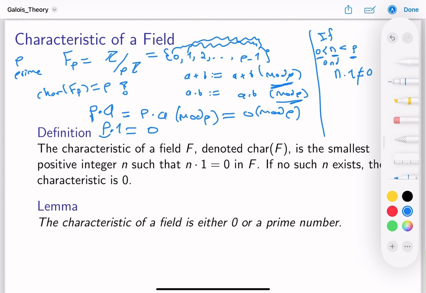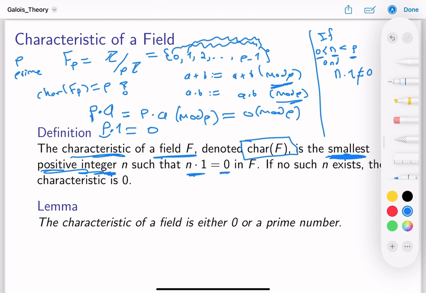Okay, so let me give you a definition now that we've motivated it. Given a field F, the characteristic of F, denoted char of F, is the smallest, and I stress here, it's not any random number, it's the smallest positive integer n such that n dot 1 is 0.